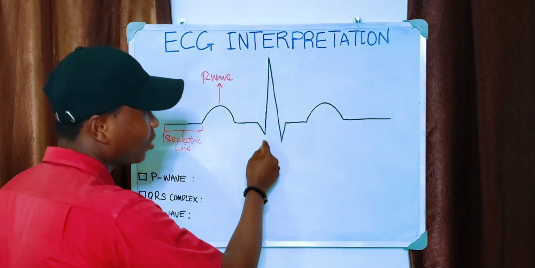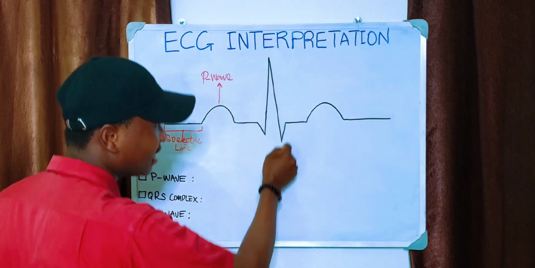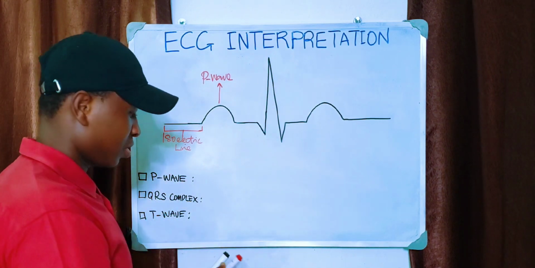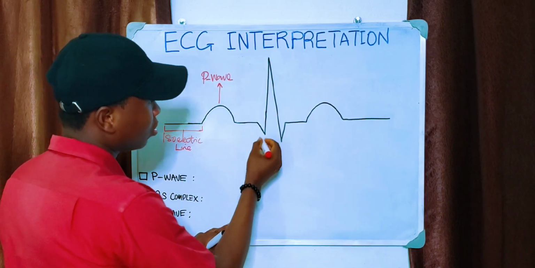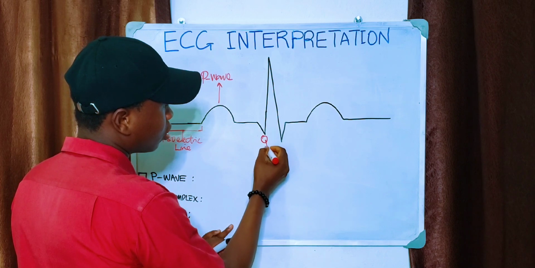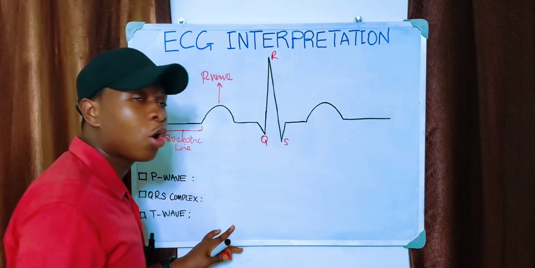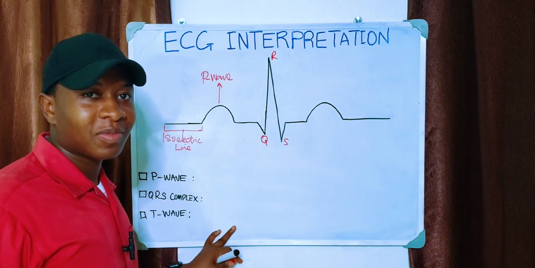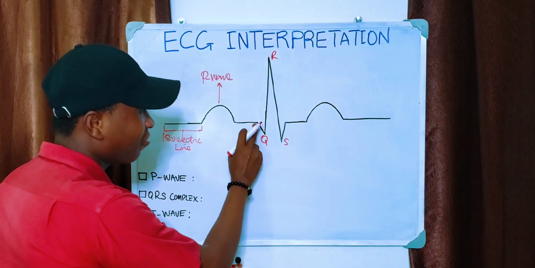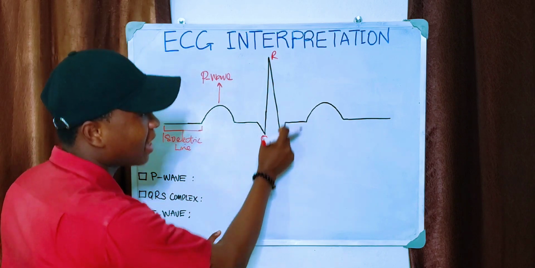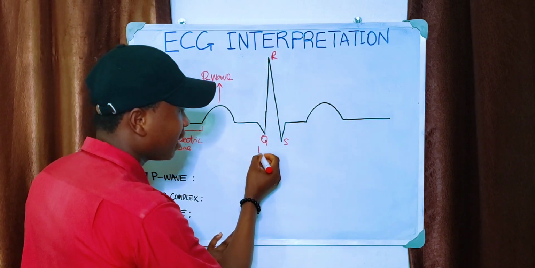Now, moving forward, the next deflection you have is a negative deflection. We have a negative deflection, a positive deflection, and a negative deflection. Together, they are called the QRS complex. So you have the Q wave, a negative deflection, the R wave, the positive deflection, and the S wave.